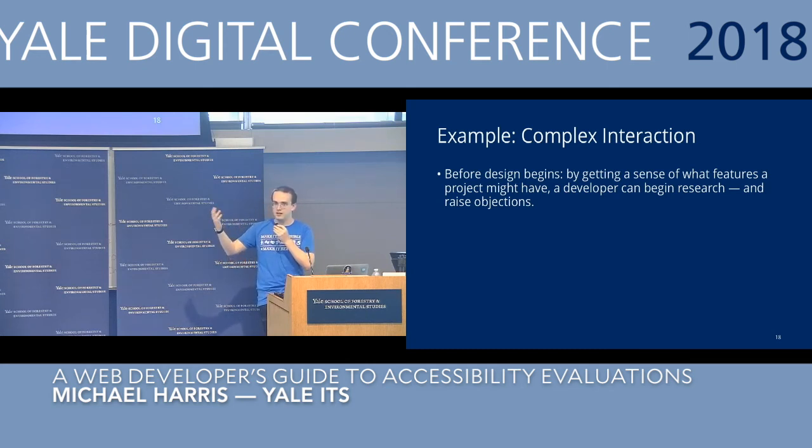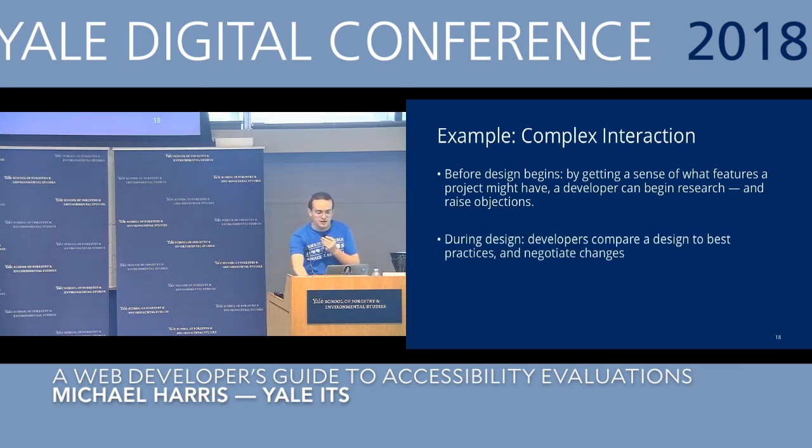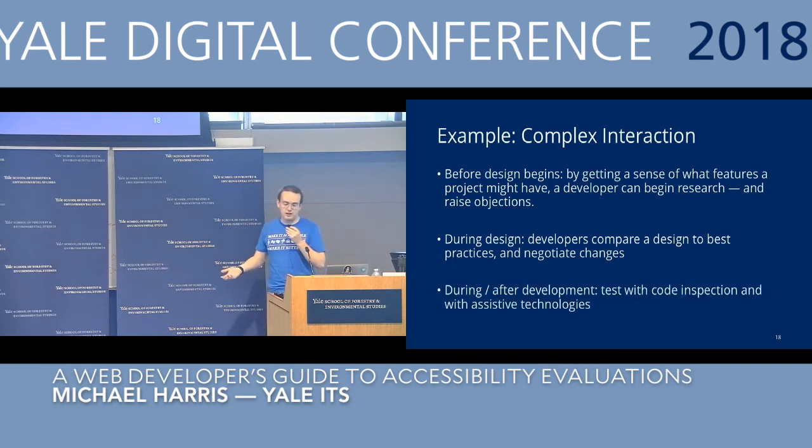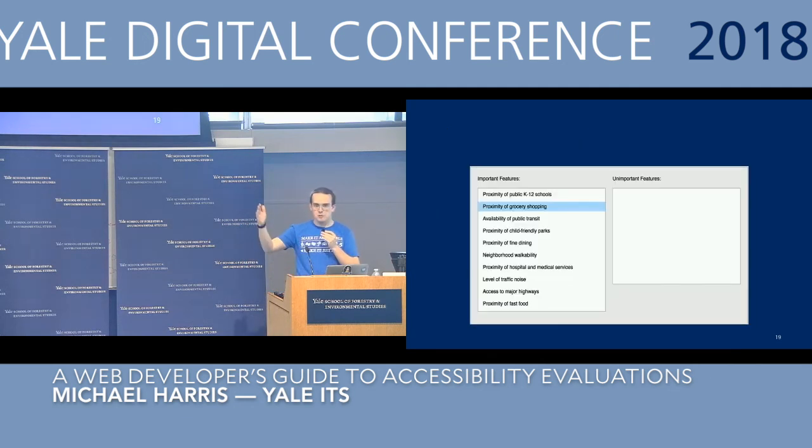I can actually object to some of the things that they're asking for in the beginning. During design, I can look at the design and negotiate changes and point out best practices. And then during development, I can use my code inspection or my assistive technology, and so on and so forth. So maybe a visual designer gives me an example of a widget like this.